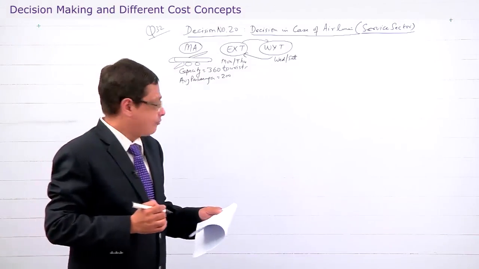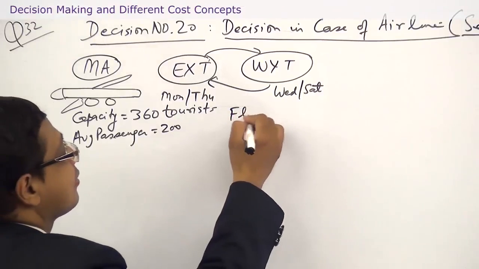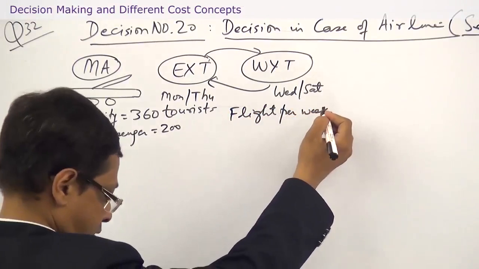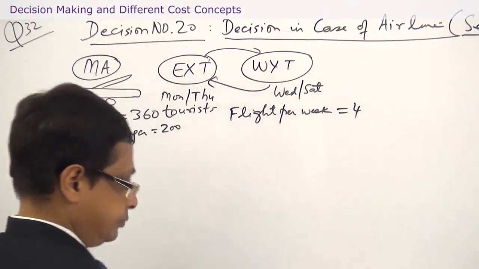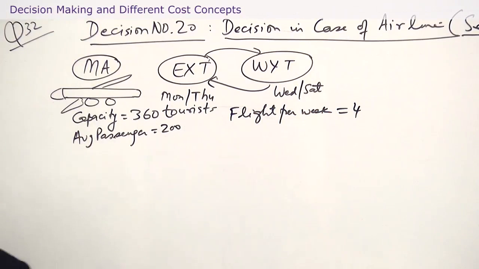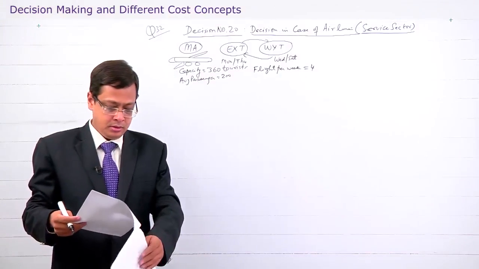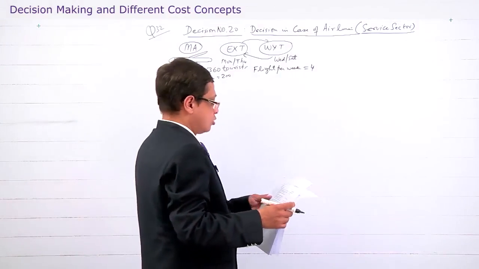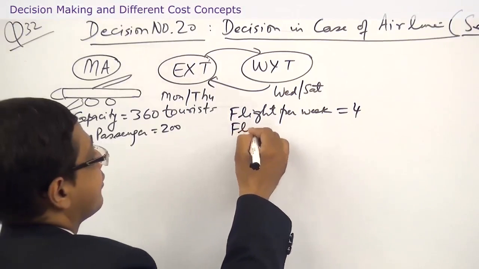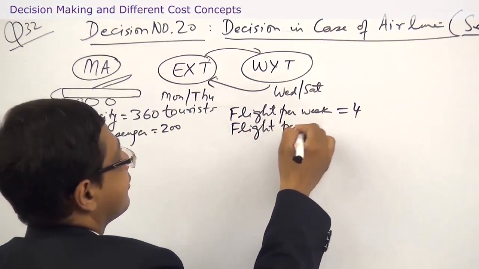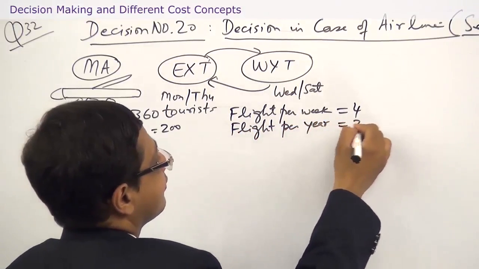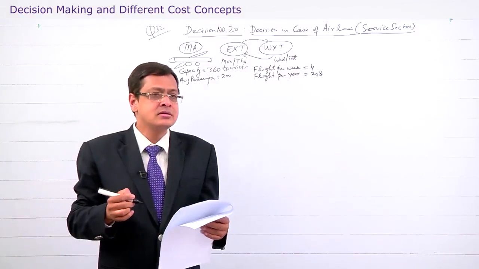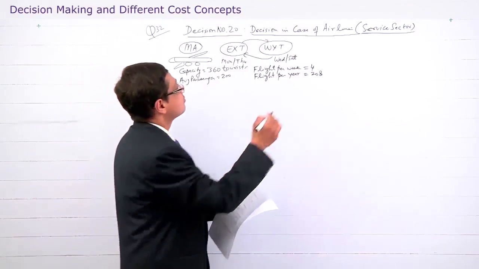Flights per week is 4. So, you have 4 flights per week and flights per year is 208. Average one-way fare is rupees 5,000.